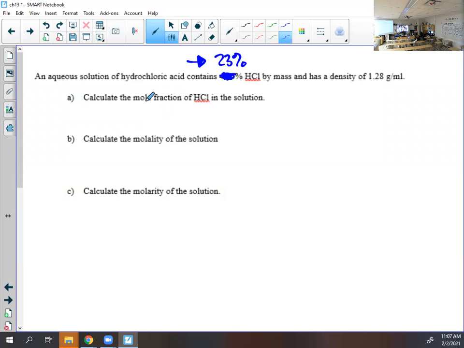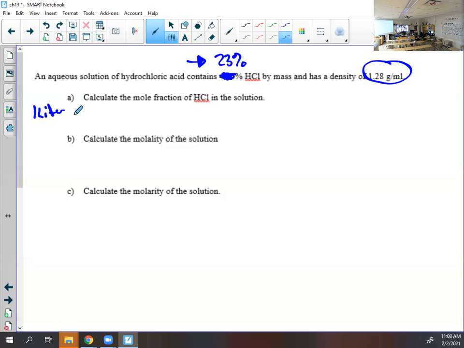All right, I got interrupted. So what I'm going to do, like a lot of these, is assume I have 1 liter of solution. If I assume 1 liter, that can help me with molarity down the line. What I need to do now is take the 1 liter and use the density to find the mass of the total solution.